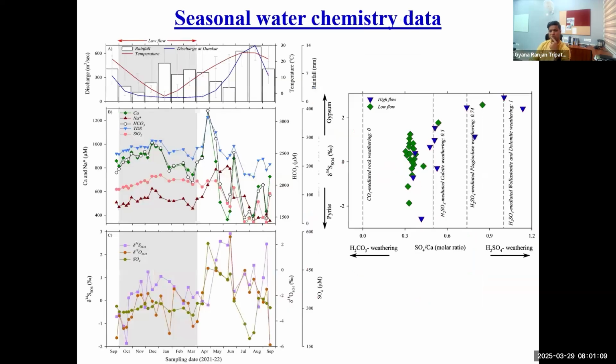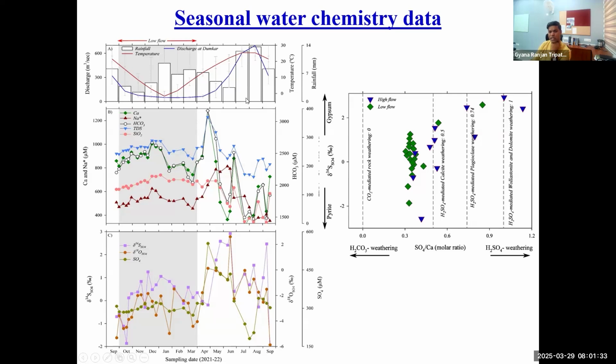There is quite a bit of fluctuation in temperature, which goes sometimes closer to 0 during the winter season, and it varies from 0 to 20 degrees, whereas the discharge is much larger from April to June, July, because there is a glacier or meltwater influx that comes in.